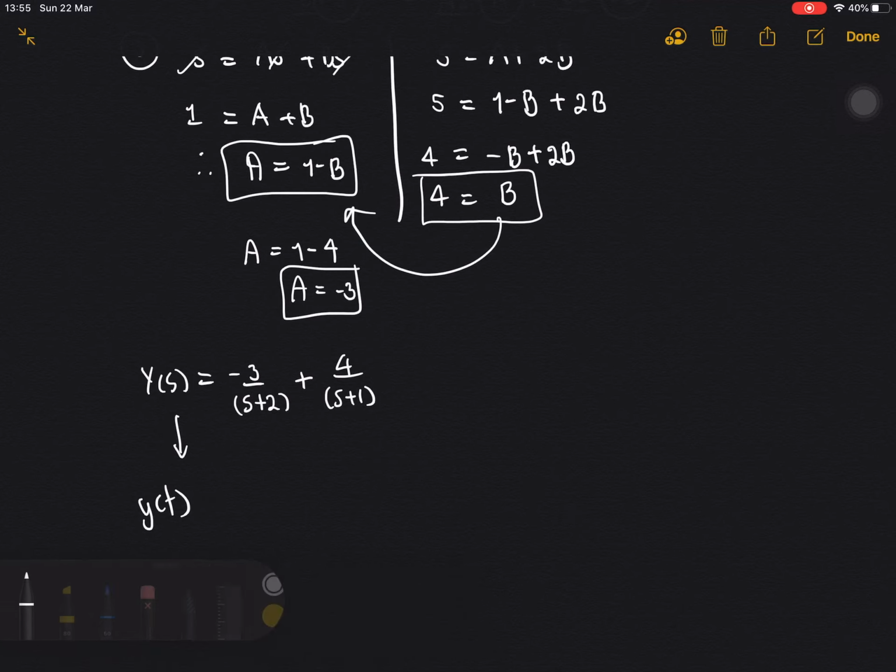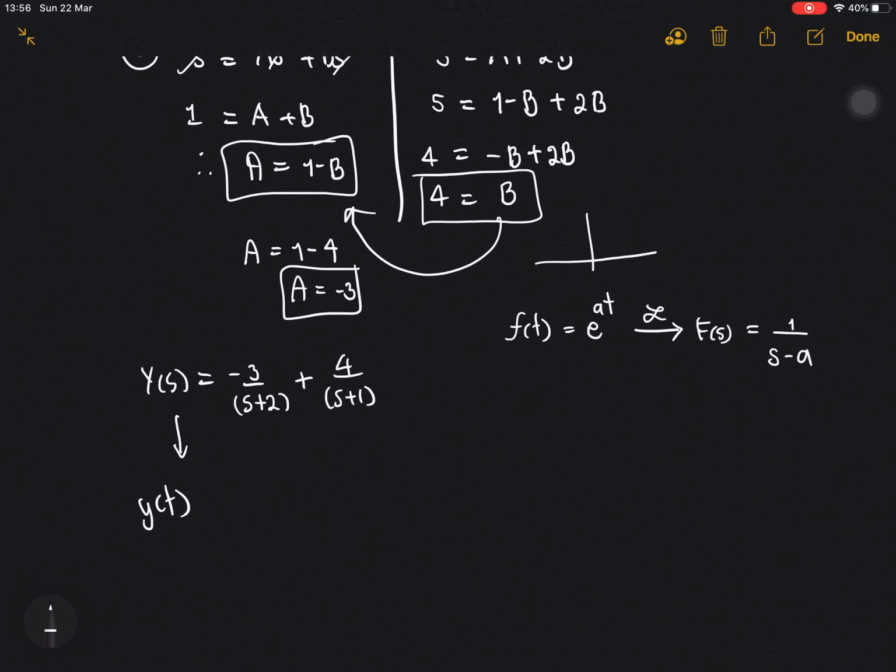if you could remember, when we have f(t) equivalent to the exponential function e to the power of at, so your big F(s) or the s domain by applying the Laplace transform will be equivalent to 1 divided by s minus a. So that is the exponential that is going toward the right side of the graph.